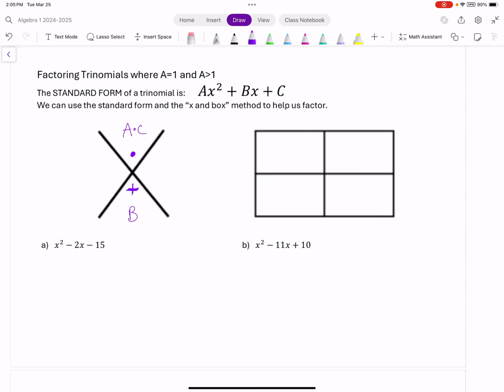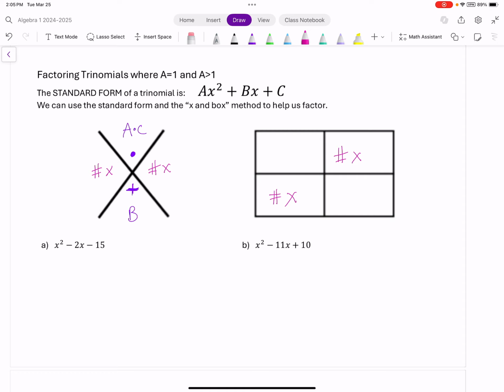It's a little bit of a math riddle where you try to find two numbers that work in that x. And then from this x, we're going to transfer it over to a box. So inside this x, you're going to get a number here and a number here, and they're both going to have x's in them. Those two things are going to go in these two boxes.